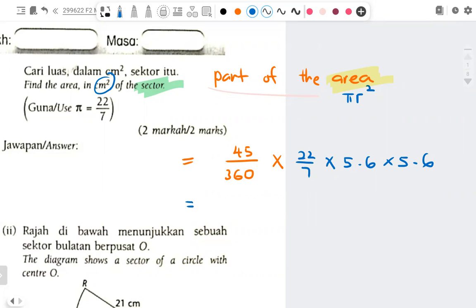The answer is 12.32. Okay. So it's not too hard, still can follow, right?